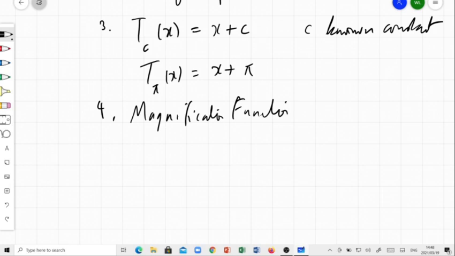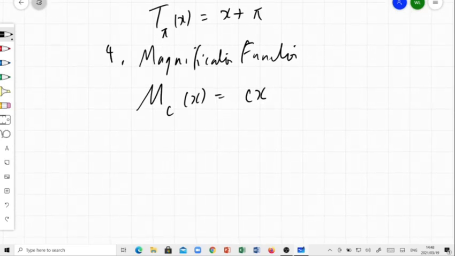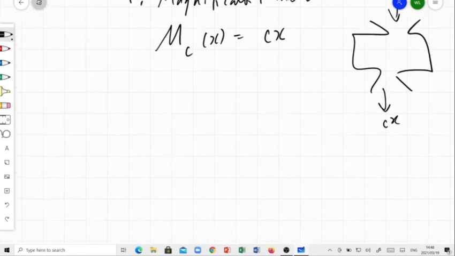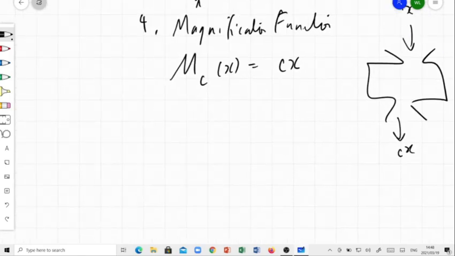In this case, whatever you feed it, it just magnifies it up by a constant c. The fifth type of arithmetic function is what is called a linear function.